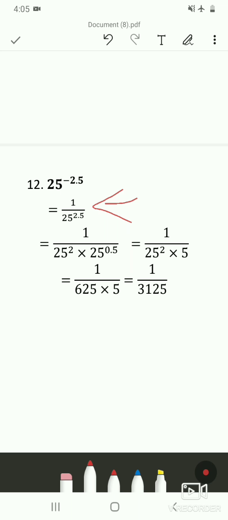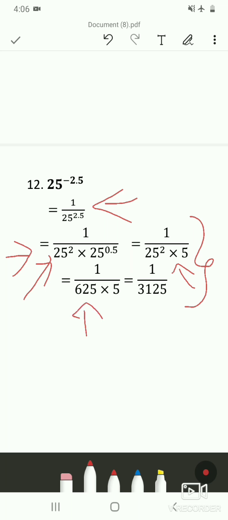Then the steps are the same, similar to the previous problem. So 25 square into 25 raised to 0.5, this is by using the first law. In the next step again we know that 25 raised to 0.5 is nothing but 5, and then 25 square is nothing but 625 into 5.